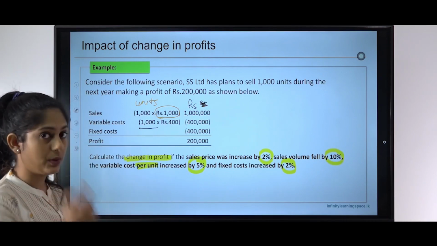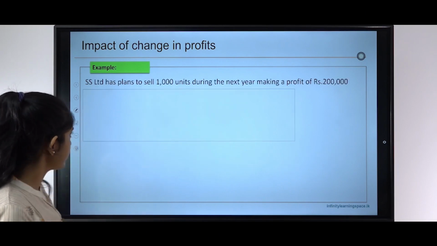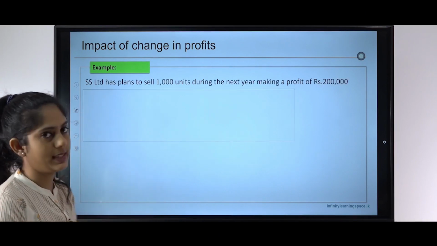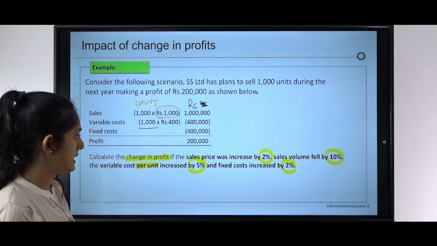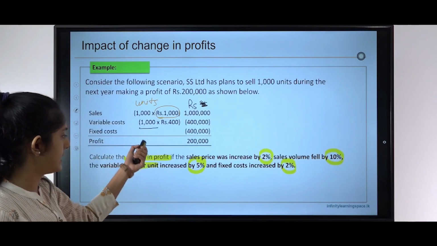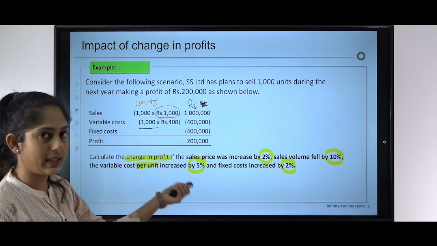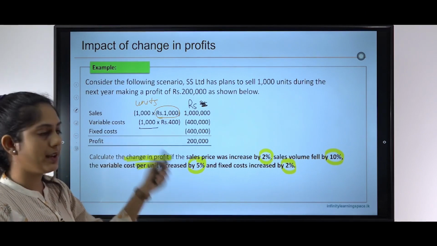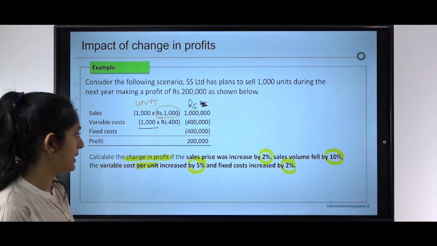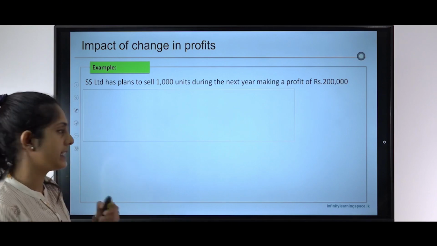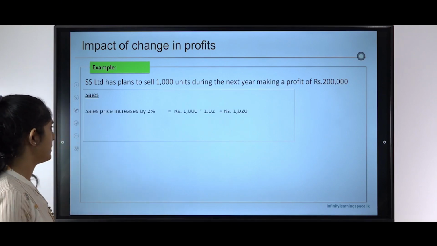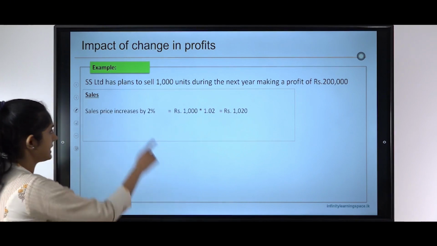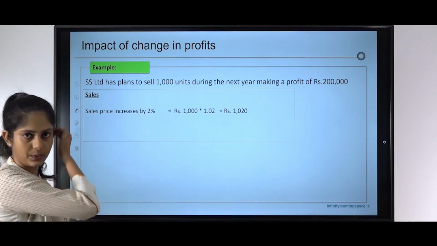So now we'll see how to do this one by one. So first I'm going to start with the sales part. Revisit again, check. What I should do with sales is, sales price was increased by 2%, volume fell by 10%. Okay. So first we'll do the price increase. Now we say sales price increases by 2%.